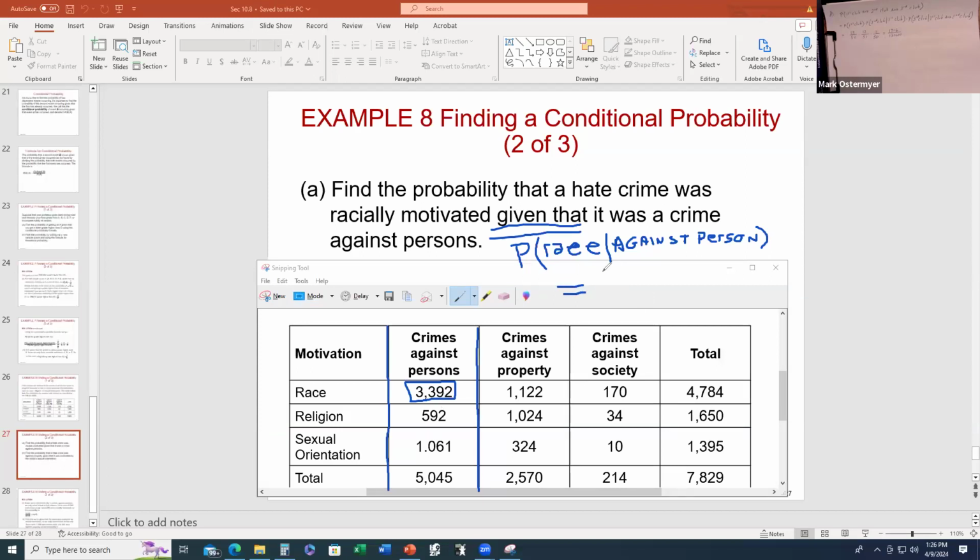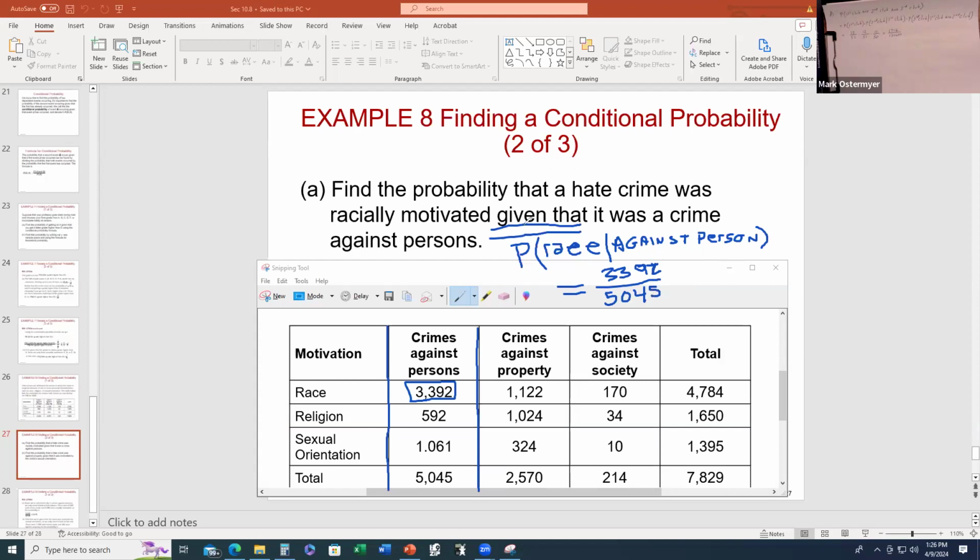Well, that would be 3,392 divided by not the grand total, not divided by 7,829, no, divided by 5,045, because we're locked into the first column. That's your probability. That's your answer to part A.